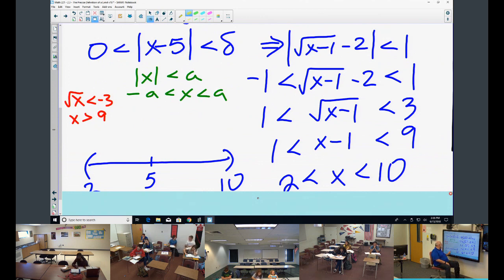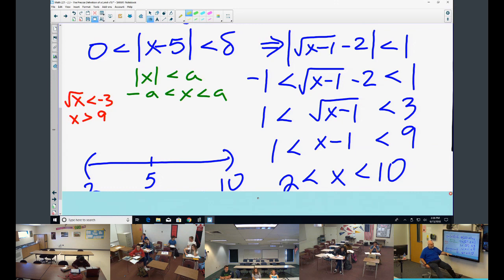My target is 5. So now it goes back to practice 0 that we did. What's the delta? 3. Very good. Because this distance is 3, this distance is 5, so you take the smallest one. That's your delta.